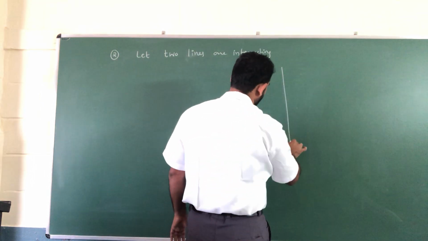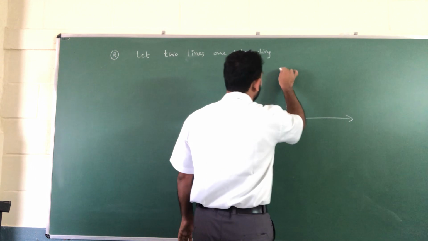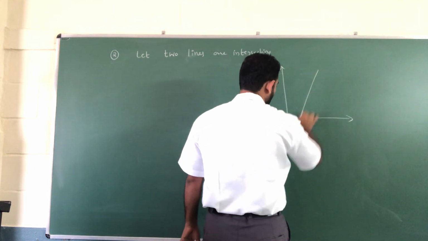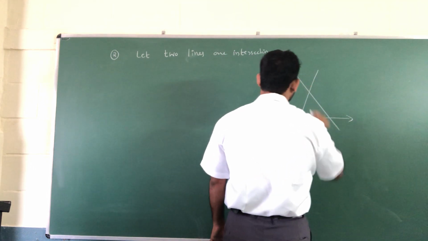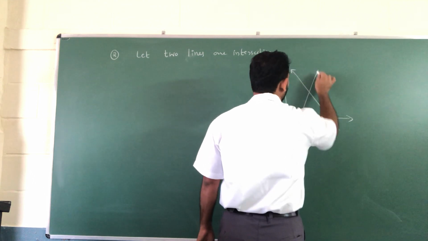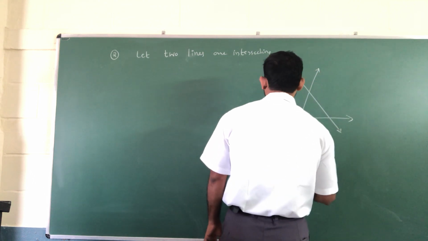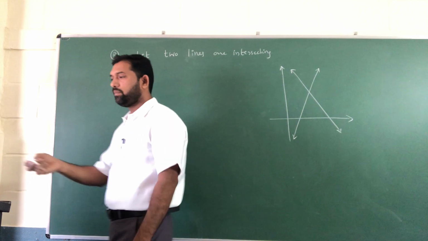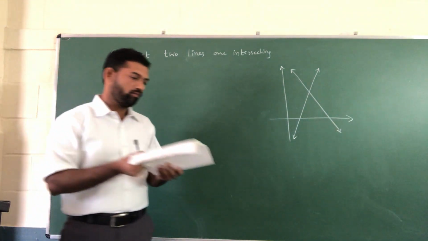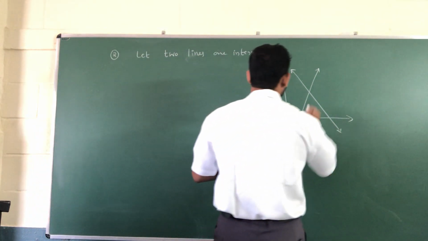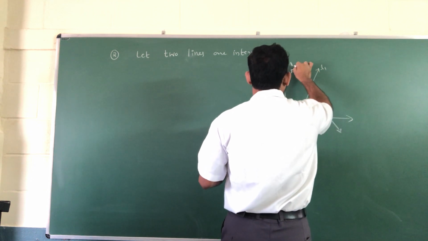Next, see that intersecting condition. What happens? This is one line, this is another line, so both are intersecting. We name the lines L1 and L2. This is L1, this is L2.